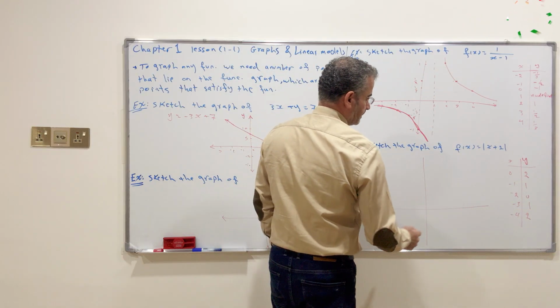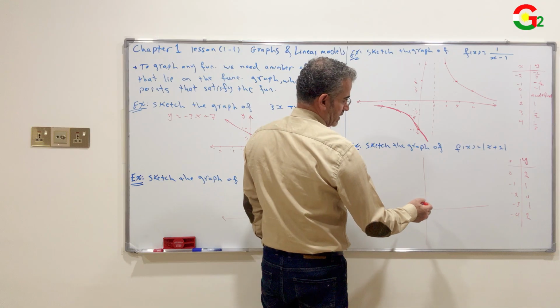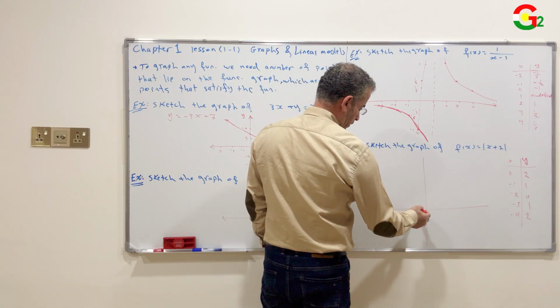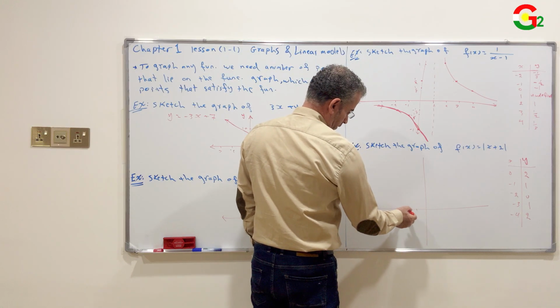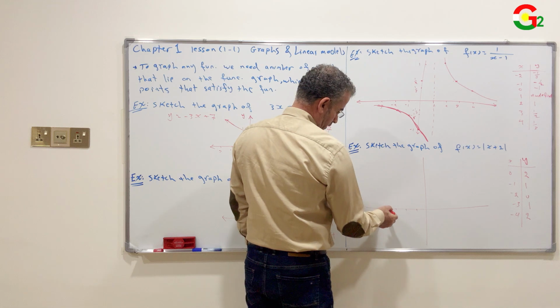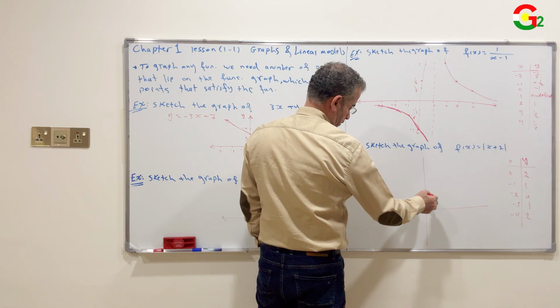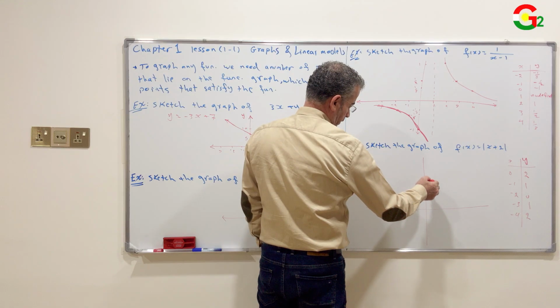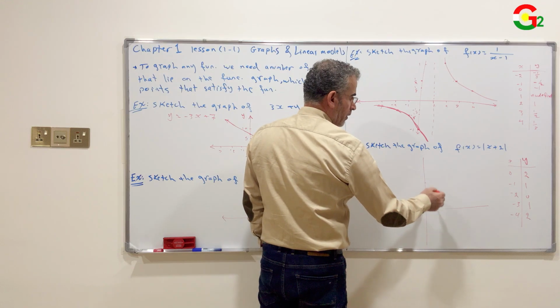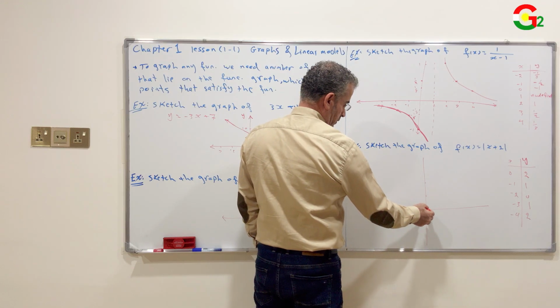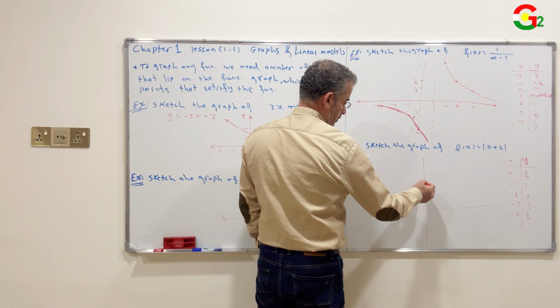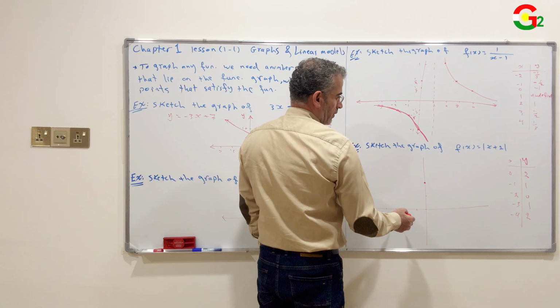Then divide x-axis from 0 to negative 4: 1, 2, 3, 4. And y from 0 to 1, 2. When x equals 0, y is 2. This is the location of this point.